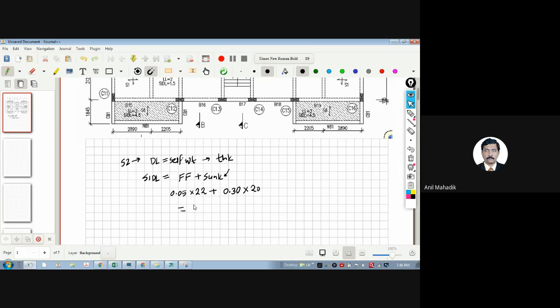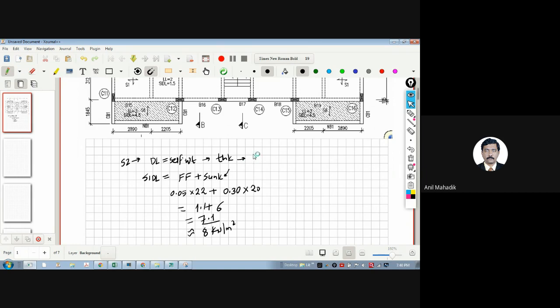So how much is the SIDL in this case? Say roughly 1, and this will be 6. So 7, or it will be 1 point, I think 1, 7.1. You can assume 7.1, or you can round it up. Let's round it out: 8 kilonewton per square meter.